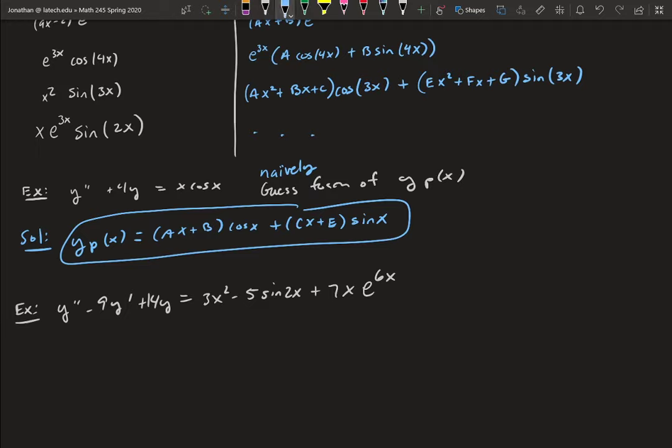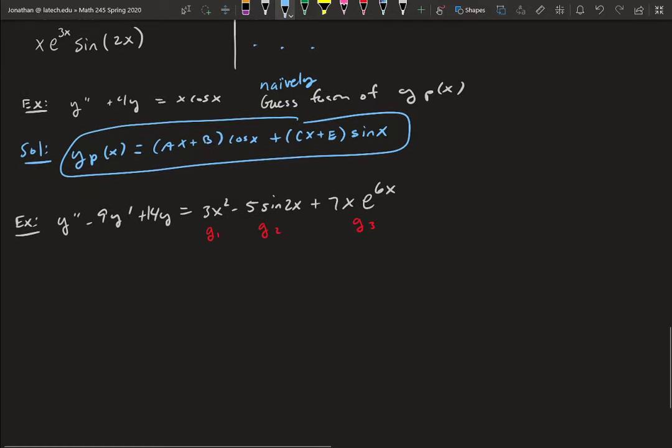So what we have here is actually a g1, g2, g3. So we're going to guess yp1, yp2, and yp3.